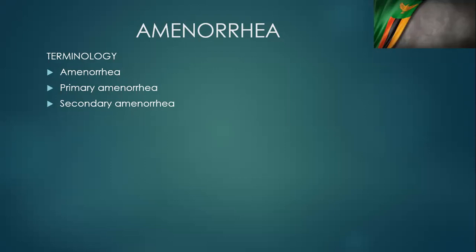Having said that, there is what is called clinical amenorrhea. Clinical amenorrhea means that you have a problem, which is that there are no menses, which needs medical attention. So that's how I differentiate those two.